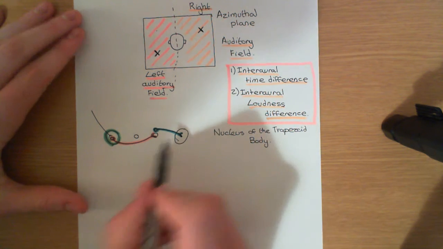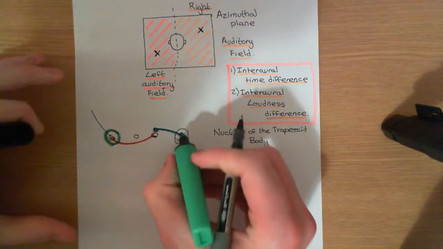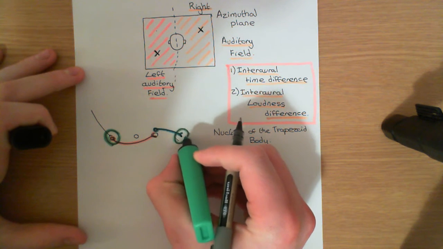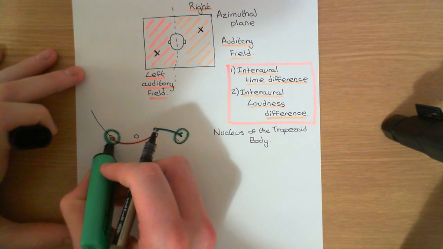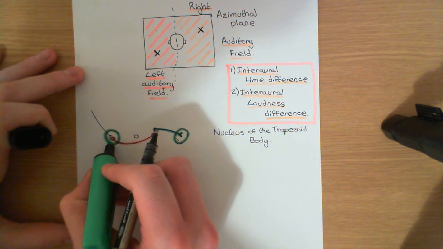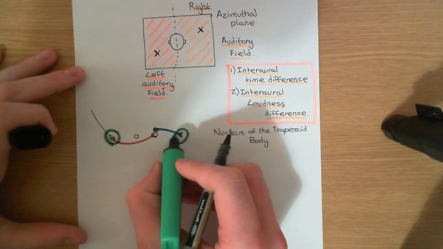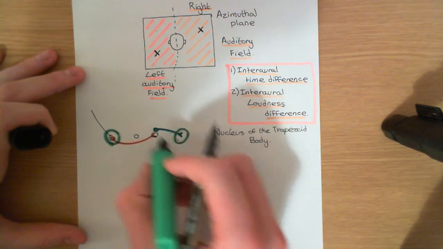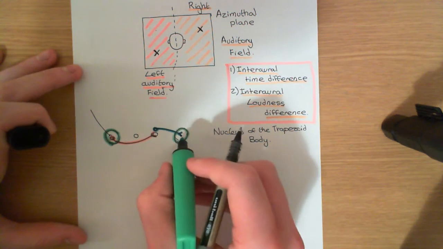So this is the way that you prevent the contralateral superior olive from becoming activated. This superior olive got activated first because of the interaural time difference, and it's now going to make sure that this one is inhibited already so that it can't become activated.